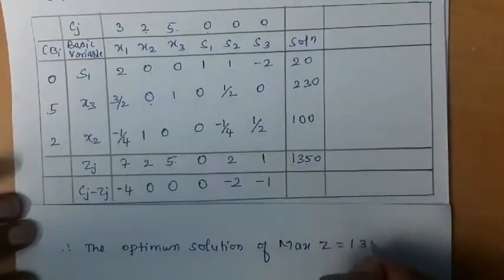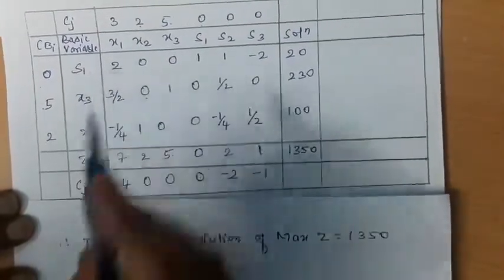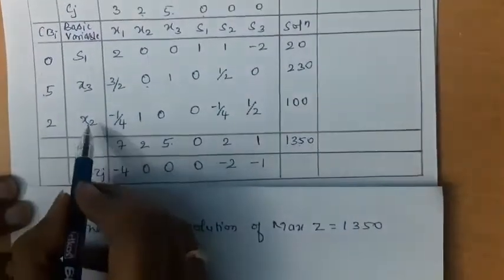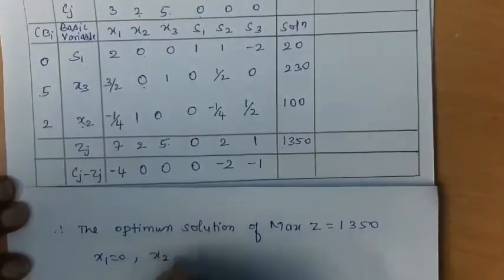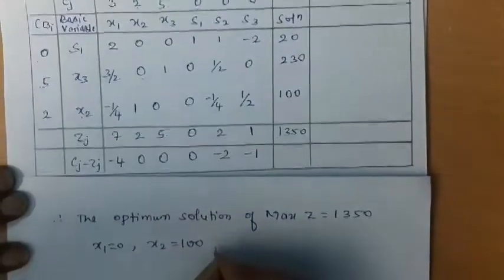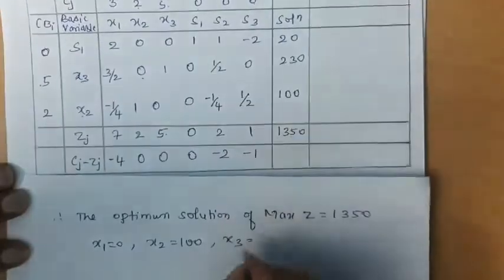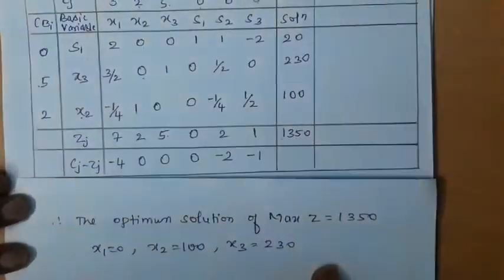So write down here 1350, and x1. Here x1 has not arrived, so x1 is equal to 0, comma x2 has arrived. So the x2 solution value is 100. So write down x2 is equal to 100, comma x3. So x3's solution value is 230. So this is our optimum solution.